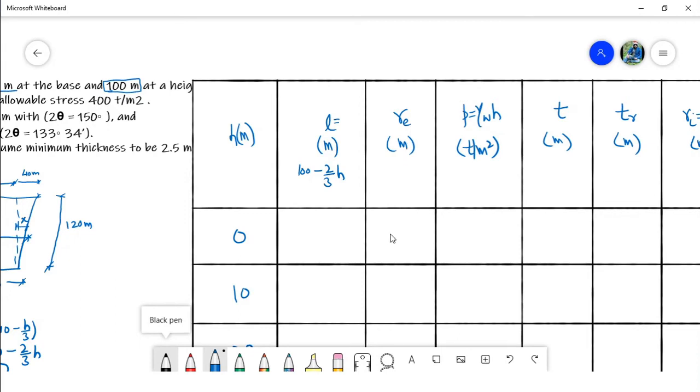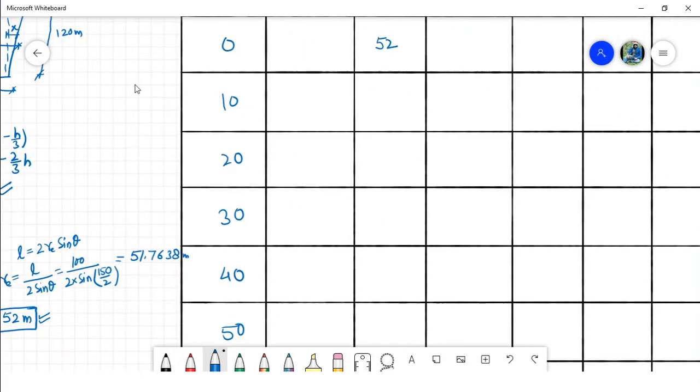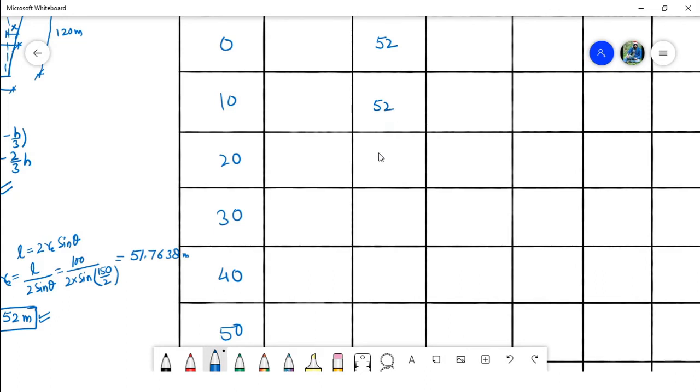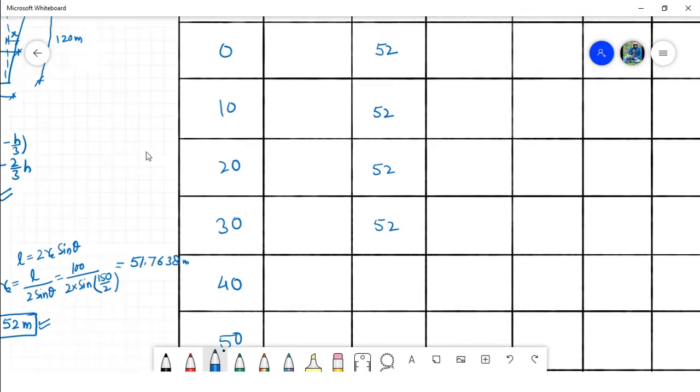RE is constant, that is 52, and this will remain constant throughout the height of the dam. So we do not have to calculate it at every height. This will be constant 52. So copy all this in all the rows.